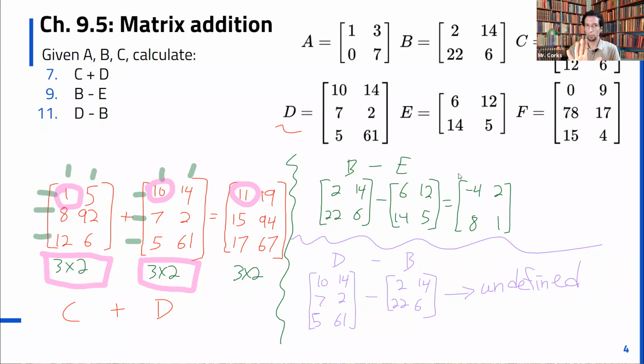That's a different operation with totally different rules, totally different way of doing it, totally different results. Matrix addition and matrix multiplication are completely separate concepts. Don't get them mixed up. So the columns of the first one, rows of the second one, that's only for matrix multiplication. That does not hold for matrix addition.